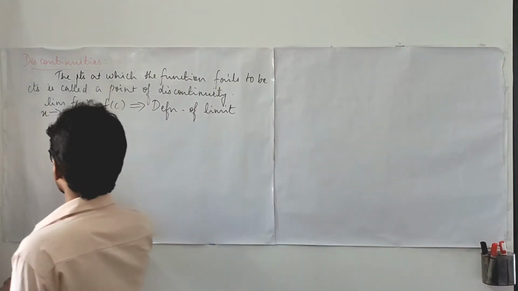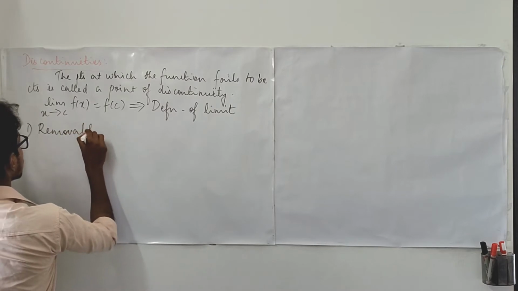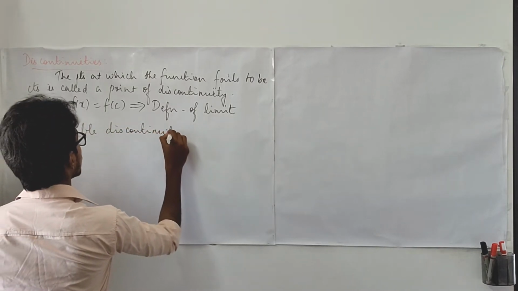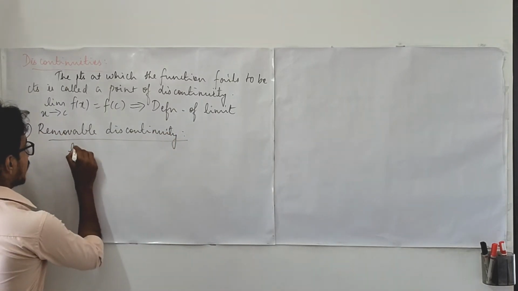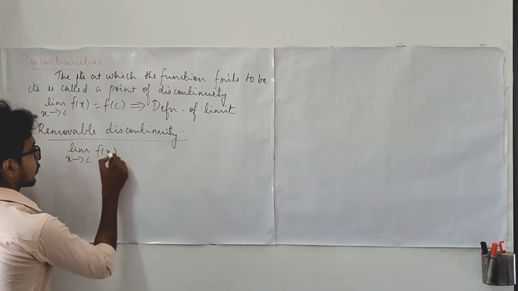The first type of discontinuity is removable discontinuity. What do we mean by a removable discontinuity? We will have to evaluate the limit as x approaches c of f of x.